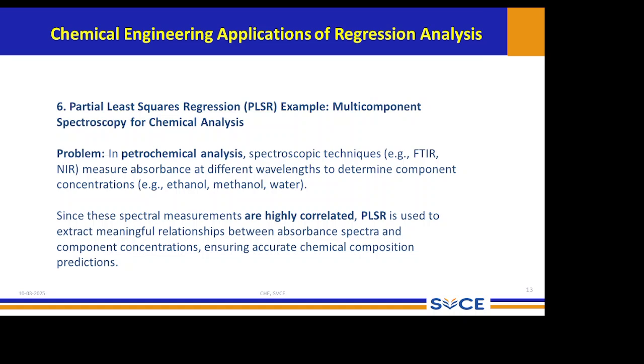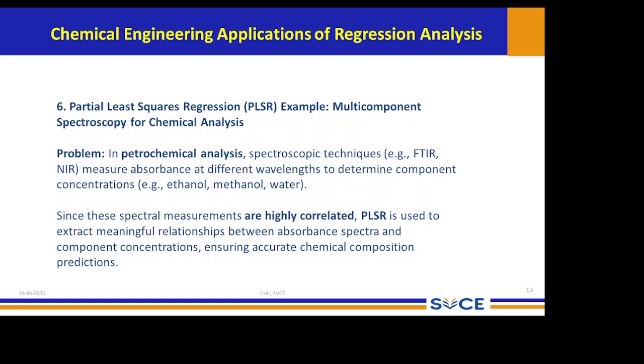Elements like calcium, magnesium, things like that. The spectroscopic techniques measure absorbance at different wavelengths to determine the component concentration. In that case, these spectral measures are highly correlated with the concentration of the final output. So in that case, we need to go for partial least square regression.